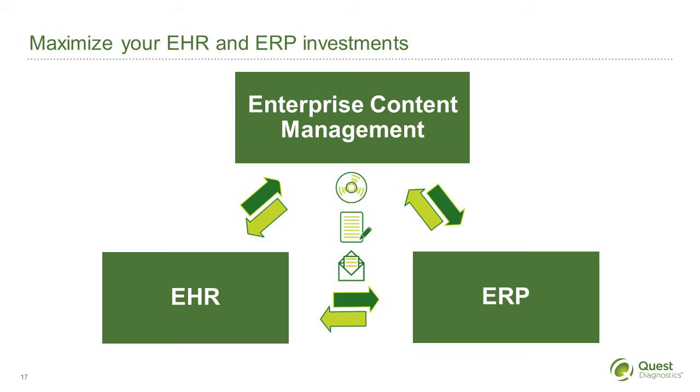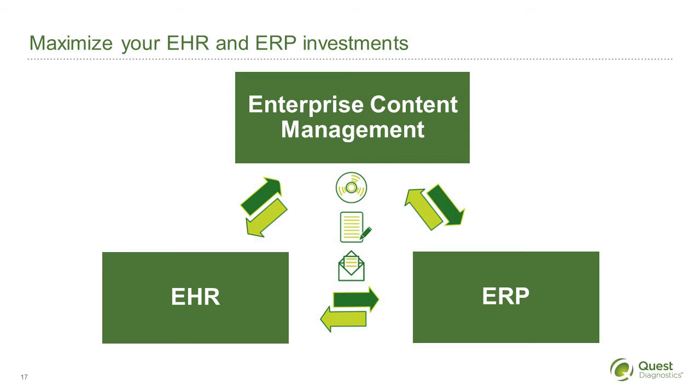In thinking about your ECM strategy, what we've seen over the years is that hospitals are really driven by two major systems, your EHR and your ERP. And your enterprise content management is just a complementary system that allows users to stay within the specific system where he or she spends their day, but to ensure that any external content is made available seamlessly to that user by the simple click of a button or a link.